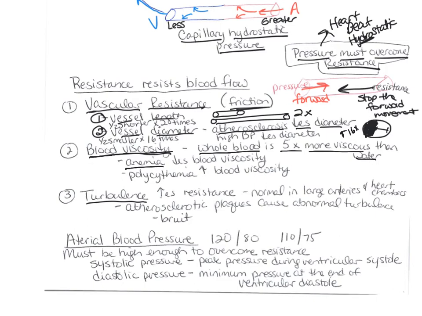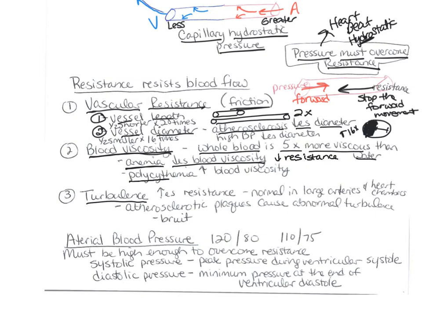Certain anemias, you are not producing as much red blood cells. And so red blood cells, they make the blood thicker. So if you don't have as many red blood cells, it's going to decrease blood viscosity. If you decrease the thickness of the blood, or if you decrease the blood viscosity, then you're also going to decrease resistance.